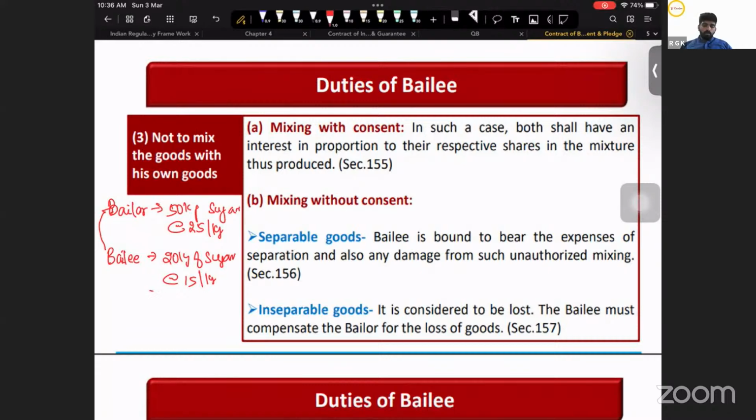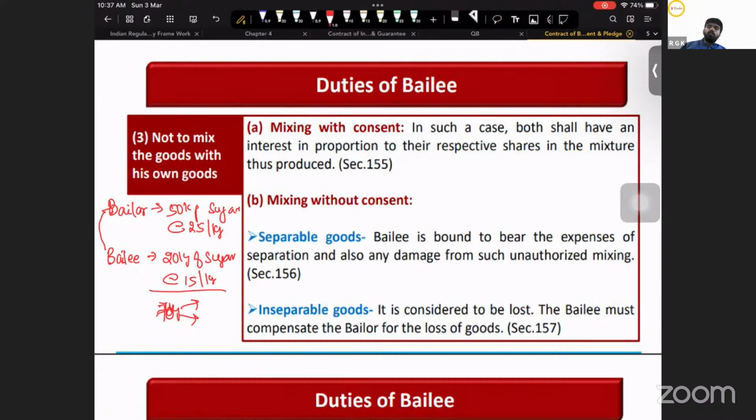Now there becomes 70 kgs of sugar. To the extent of 50 kg, bailer will have the right. To the extent of the remaining 20 kg, bailee will have the right. In the proportion of their respective share in the mixture, they will get the right, when bailee mixes the goods with bailer's consent.